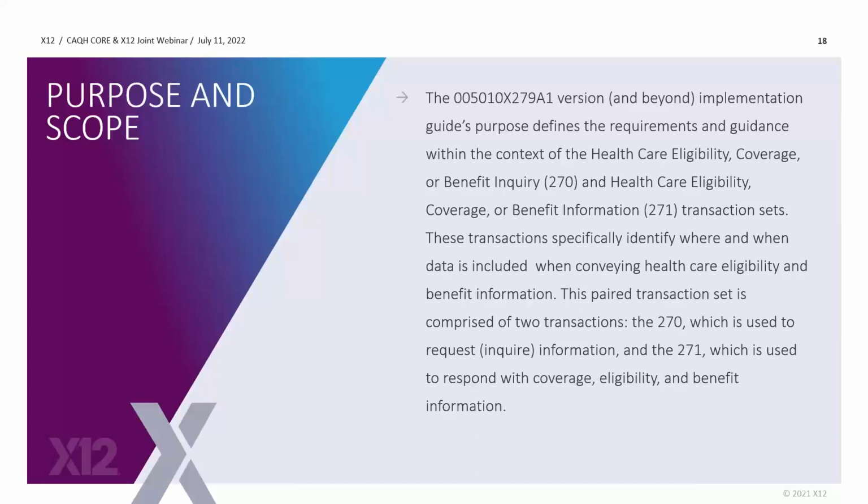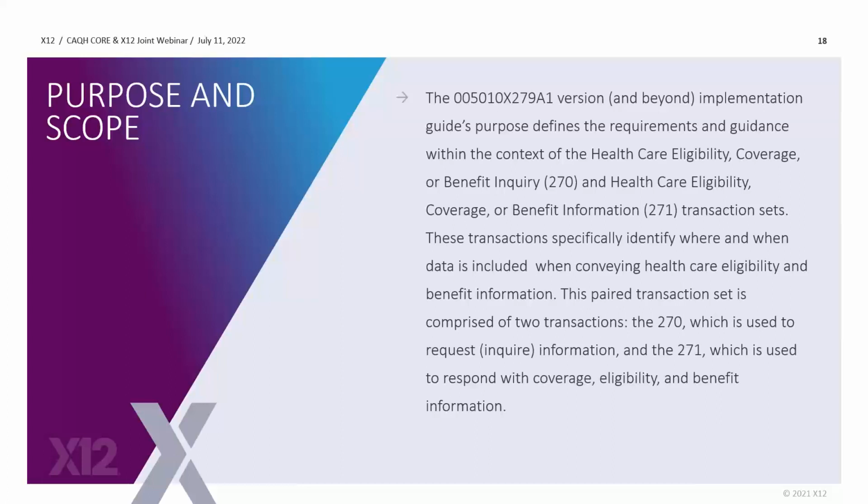That version and any version after that, their sole purpose is to define the requirements and give guidance on how to exchange the 270, which is the request or the inquiry, and the 271, which is the reply or the response. The transactions give you an indication of requirements and then optional or situational segments and elements that define when that situation is present, what must be returned, and when.